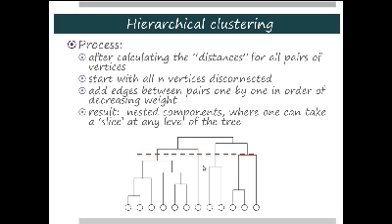Now, let's talk about the process of hierarchical clustering. The first step, you should calculate the distance for all pairs of objects in your social network. After you get the distances, you start with all objects disconnected. Then add edges between pairs one by one in order of decreasing weight.